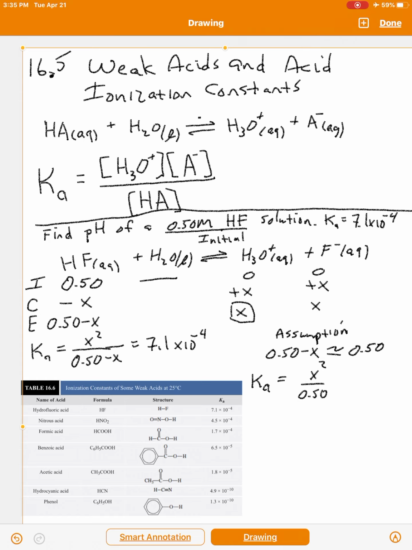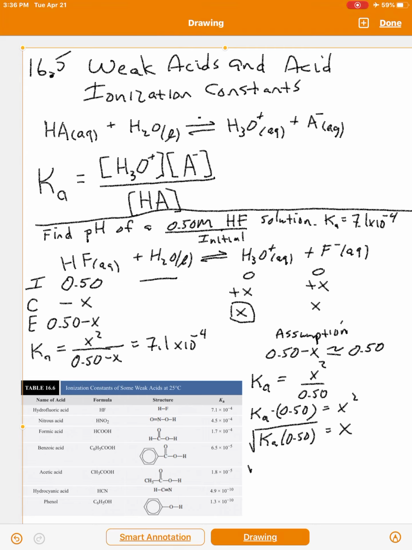That's a lot easier to solve for x, because now all I have to do is multiply Ka by 0.50, and that gives us x squared, and then take the square root of both sides, and that gives us x. That's pretty nice.